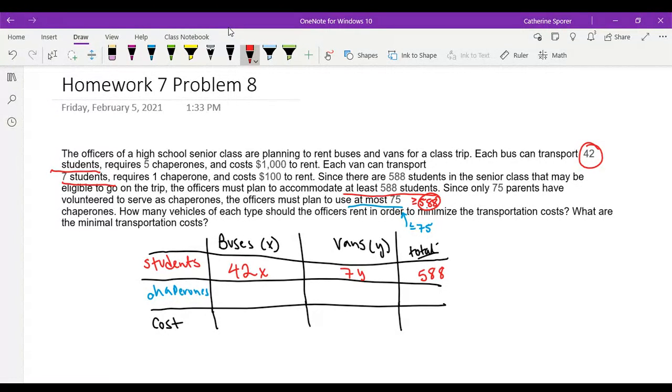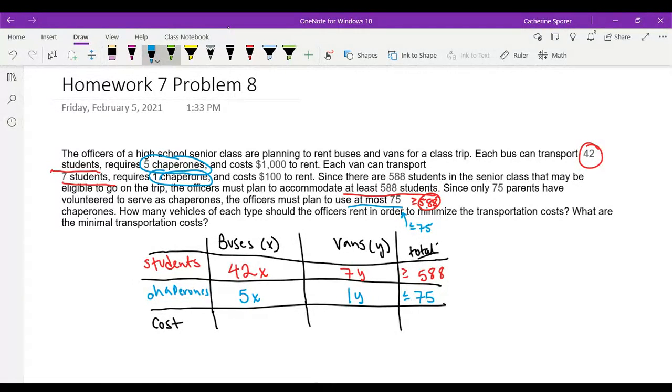So the number of students on buses and vans needs to be greater than or equal to 588. And then for the chaperones, we need 5 on each bus, so 5 chaperones times the number of buses. And we need 1 chaperone on each van, so 1 times the number of vans. And we have at most 75 chaperones, so less than or equal to 75.